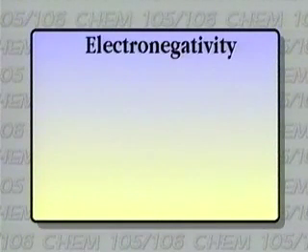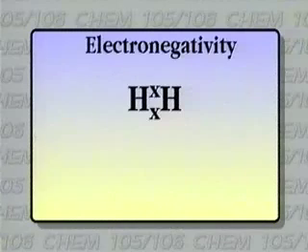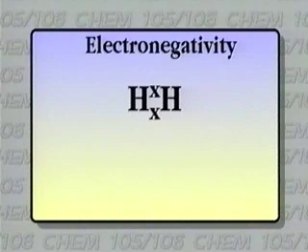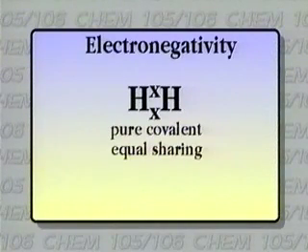For instance, when two hydrogens come together, we would expect that each hydrogen should equally share that pair of electrons. As a matter of fact, we refer to that as pure covalent. That means equal sharing has occurred. When two oxygens come together to make diatomic oxygen, we would consider that pure covalent.